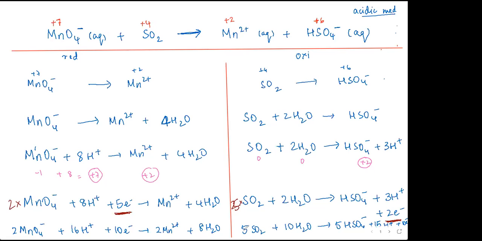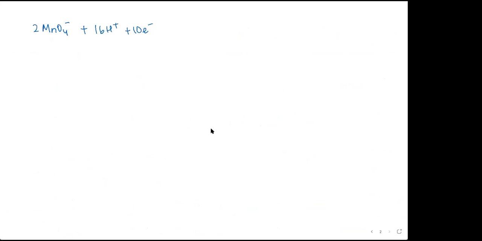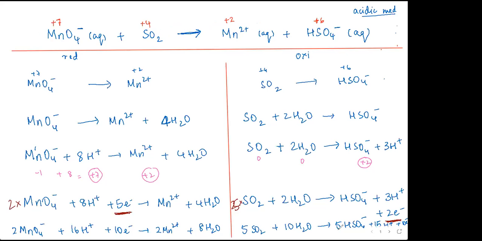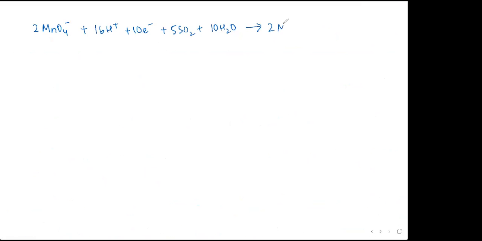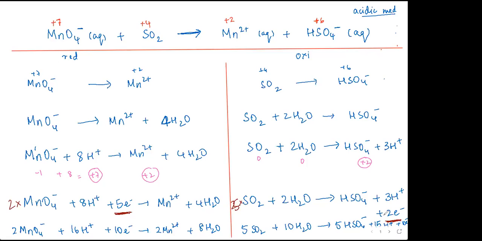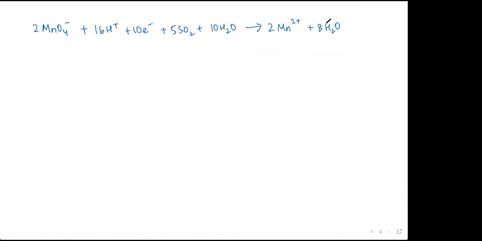Now on the LHS from this side, 5 SO2 plus 10 H2O gives 2 Mn2 plus 8 H2O. Okay, 5 HSO4 minus, 15 H plus and 10 electrons.